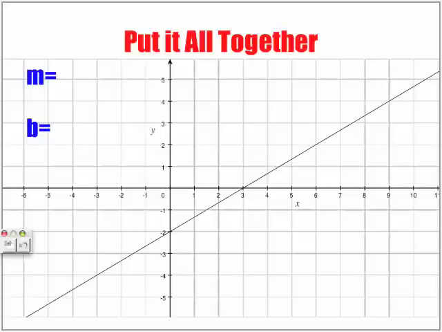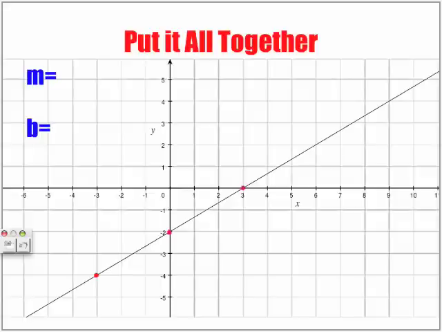So let's put it all together. So here we have an equation of a line. What is our slope? Or what is our m value? And our m, so as we said, our m value is our slope. So again, we try to find points that actually cross at the grid points.